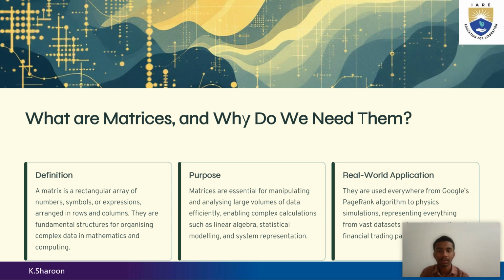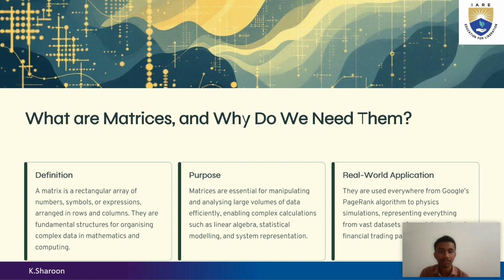What are matrices and why do we need them? The definition of a matrix is a rectangular array of numbers, symbols, or expressions arranged in rows and columns. They are fundamental structures for organizing complex data in mathematics and computing. And what is the purpose of matrices?